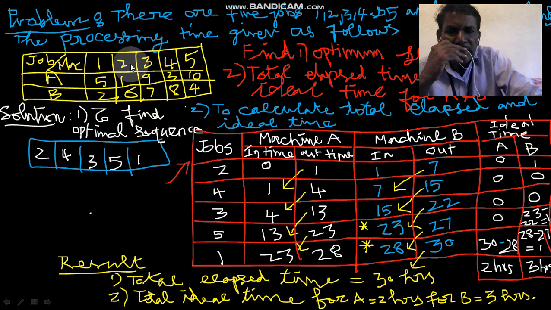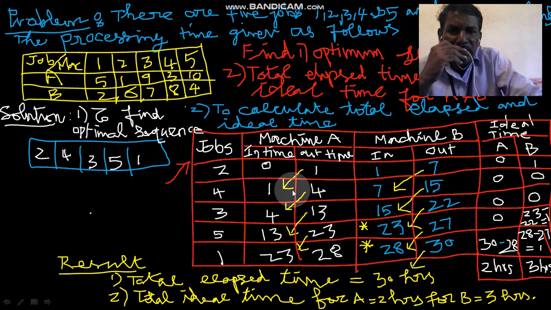Afterwards, for machine A, the second job takes 1 day. Therefore 0 plus 1, we write 1 here. Then this out time becomes the in time of the next job.